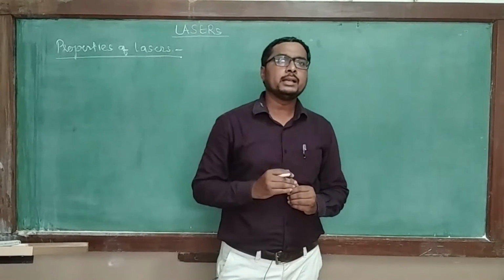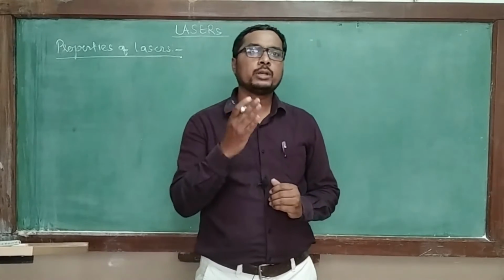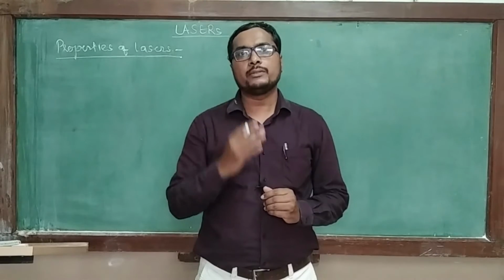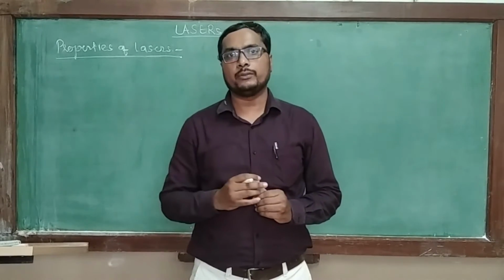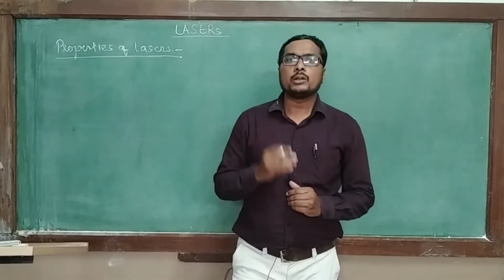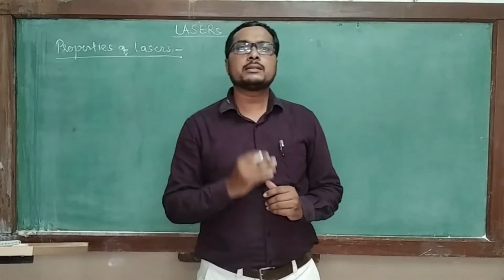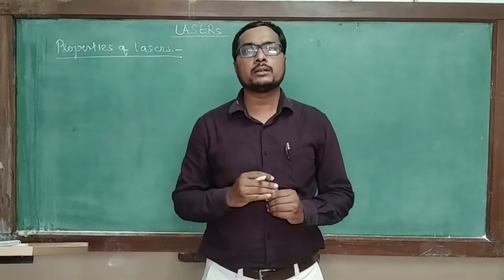And when we need light in only a particular direction, we put an aperture in front of this light source and we get a slit out of it, right? Lasers, on the other hand, can produce light only in a particular direction.